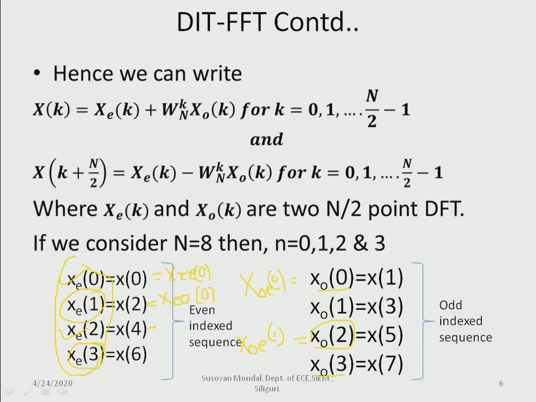This is called x even of 1. So basically each even indexed sequence can be decimated into even and odd. Each odd indexed sequence can be decimated into even and odd. So this will continue until we land on a 2-point sequence.